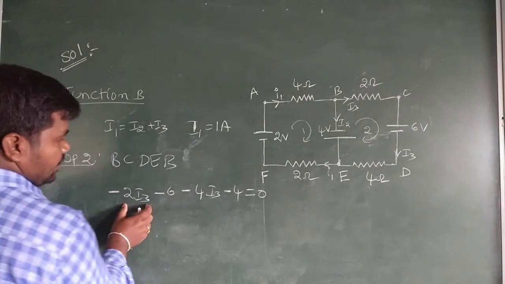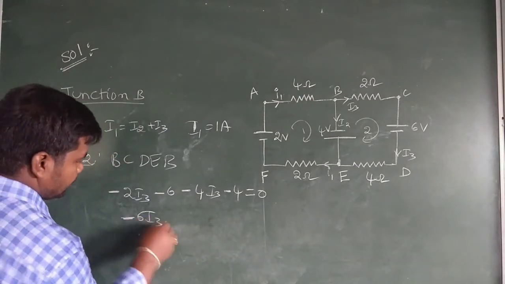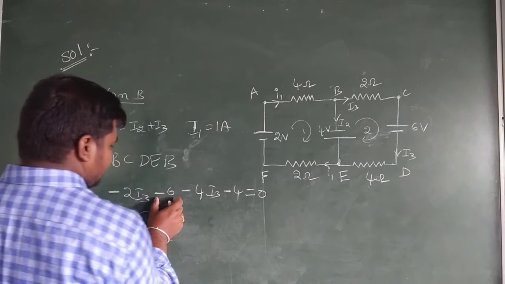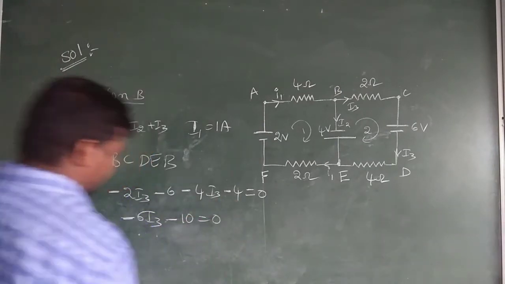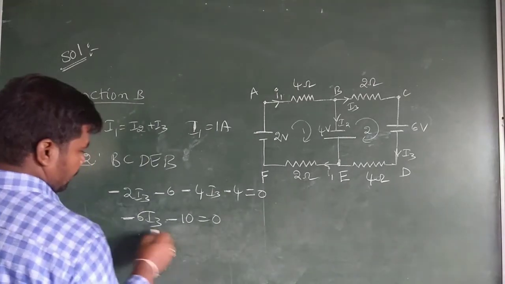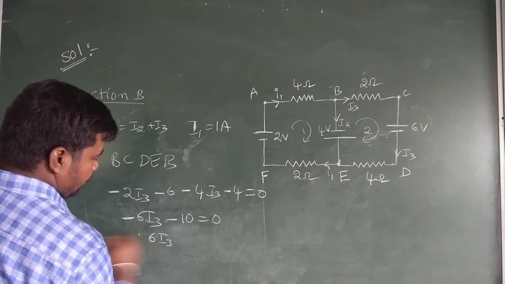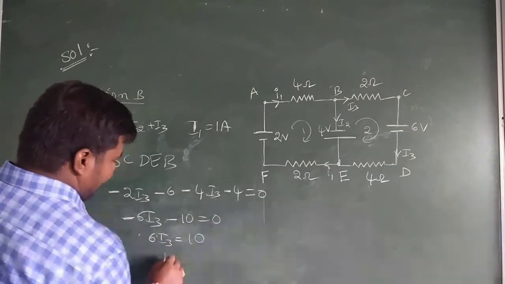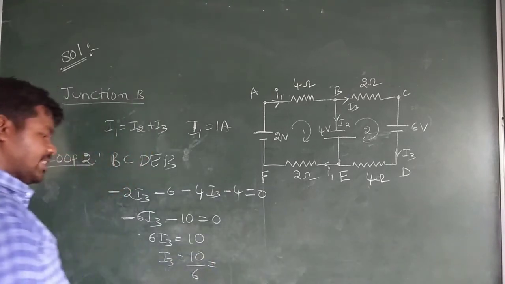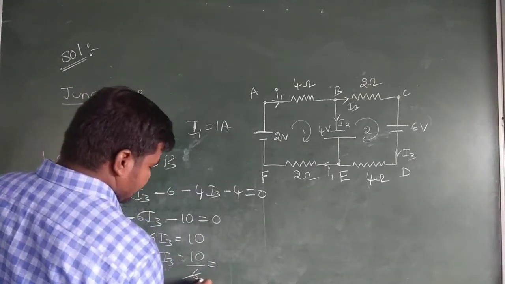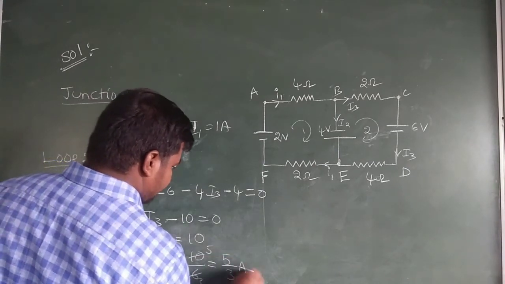So minus 2 I3 minus 4 I3 is minus 6 I3, minus 6 minus 4 is minus 10, equal to 0. So 6 I3 is equal to 10, I3 is equal to 10 by 6, which is 5 by 3 amperes.